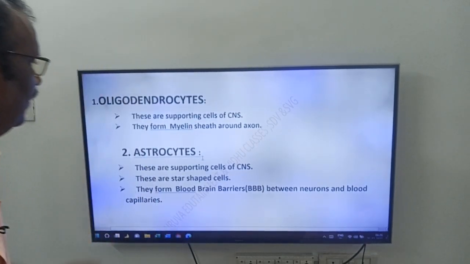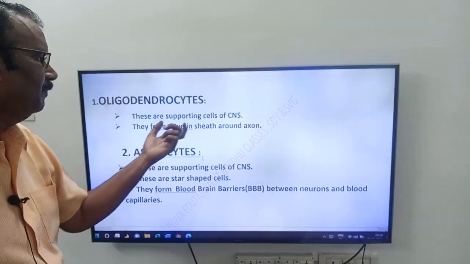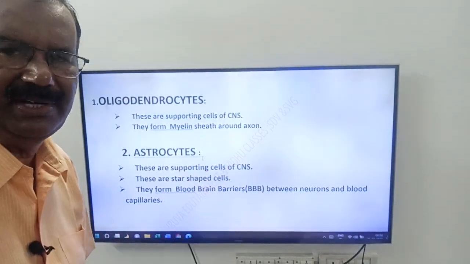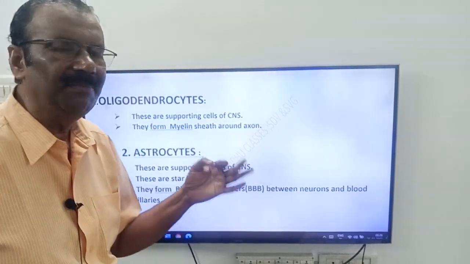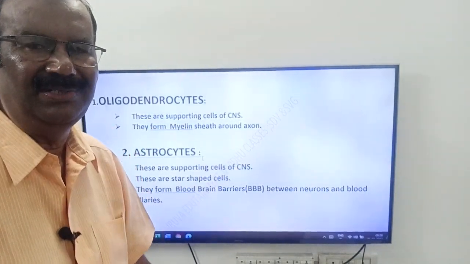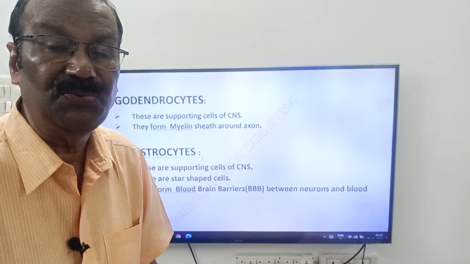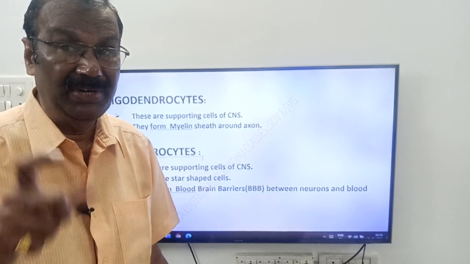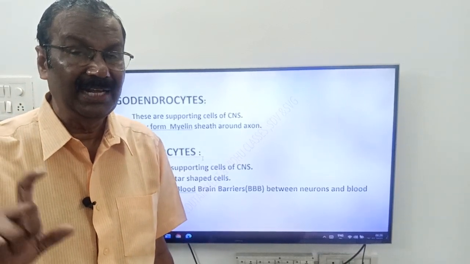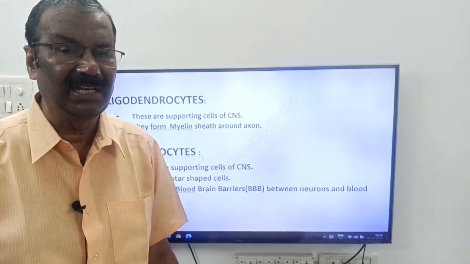First you see, friends, oligodendrocytes. These are supporting cells of the central nervous system. That is the first point you have to write. What is their function, friends? They form the myelin sheath around the axon. Oligodendrocytes form myelin sheath around axons of the central nervous system. Myelin sheath is present around the axon and is whitish in color.